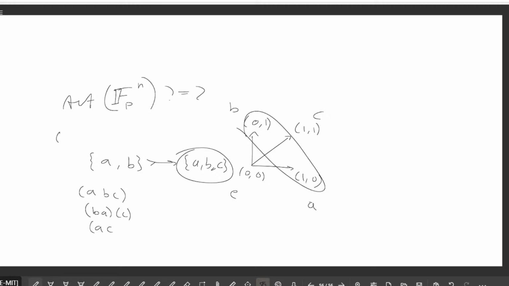Then you can map A to C, with B fixed. Then where does C go? C has to go to A, and so on. So you will get all the elements of S3. So the automorphism group of Z2 square is isomorphic to S3. Okay. So the answer is not B.